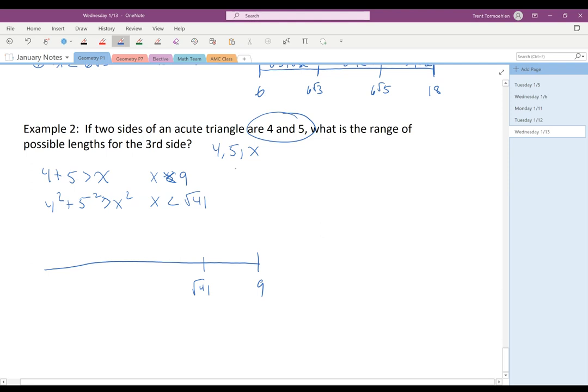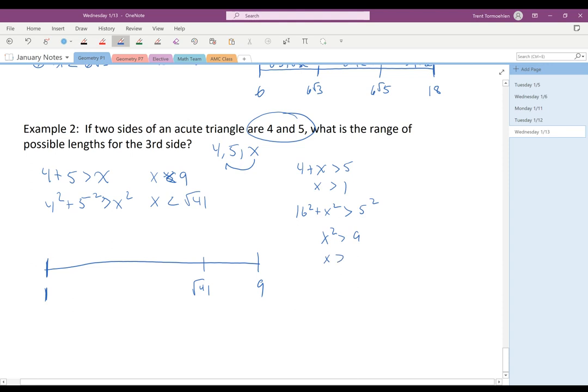Well, now we do it when x is one of the shorter sides. So 4 plus x has to be greater than 5. So x has to be greater than 1. So the other side of our continuum is over here. We know the third side now has to be between 1 and 9. And then we do the Pythagorean theorem, and we get this. We know that the two short sides squared have to equal the long side squared to be a right triangle. This actually just gives us a Pythagorean triple, right?